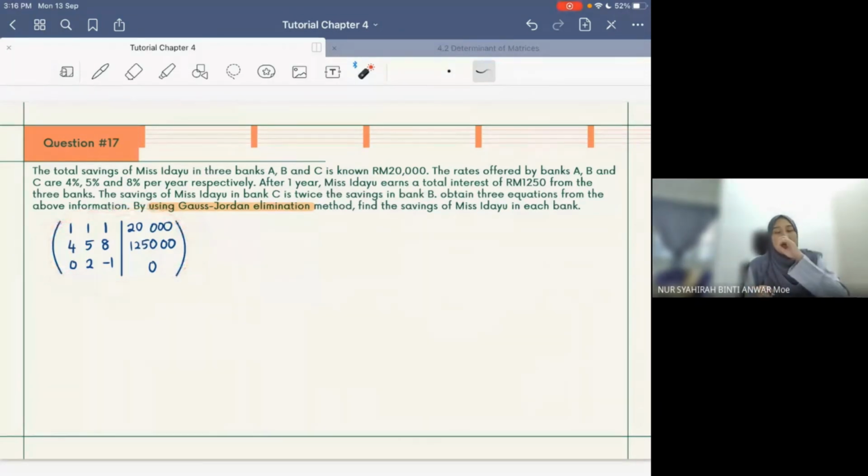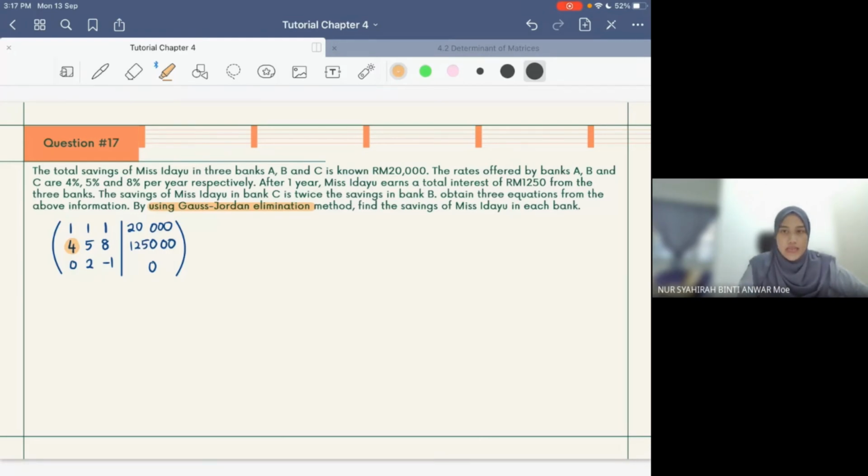Okay, so kalau tengok dekat sini, first adalah kena settlekan kolom yang pertama. Row yang pertama ni kena jadikan 1, so dah settle lah, dia dah jadi 1. Row ketiga pun dah jadi kosong, so maksudnya hanya perlu tukar elemen dekat nombor 4 ni. Nombor 4 ni kita akan jadikan dia kosong.